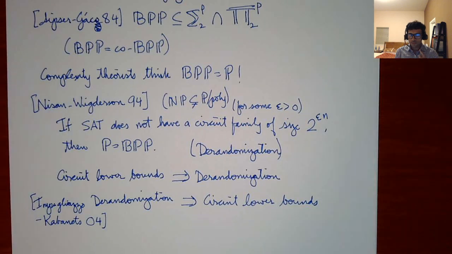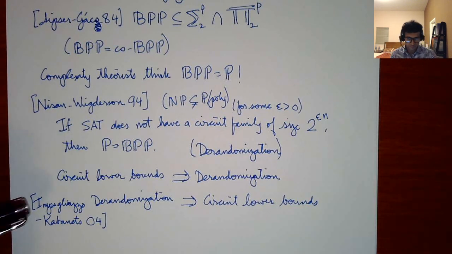So these are two beliefs that you might think are like, you might think that P is not equal to NP and P is not equal to BPP, because it seems that randomization gives you more power, non-determinism gives you more power, but remarkably, if you think non-determinism gives you more power, then randomization does not give more power, at least with respect to polynomial time.